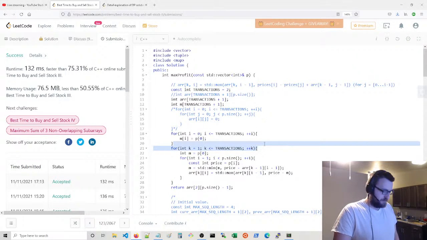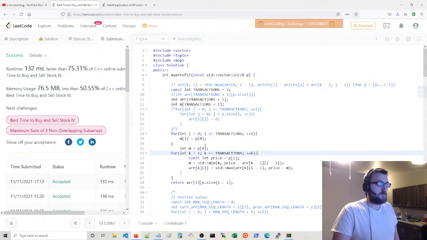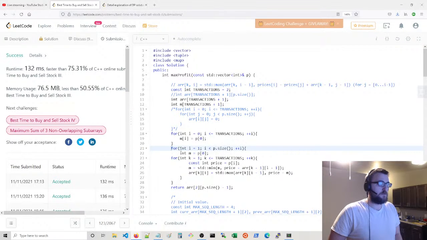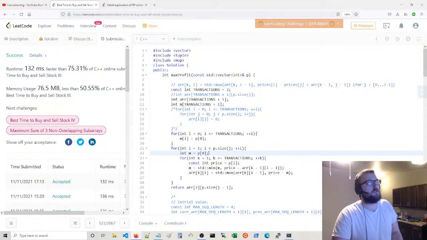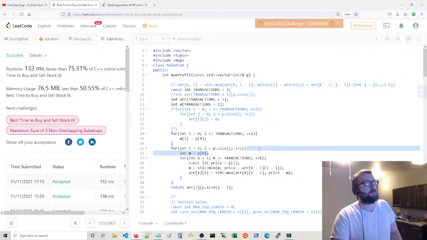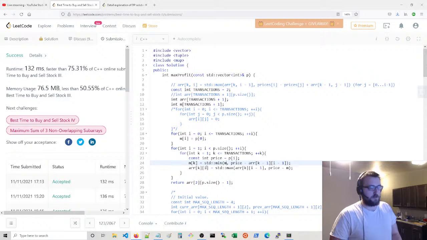swap the loops, and now we don't have to set that name anymore. You can say m of k is equal to min of m of k and the price minus this array.